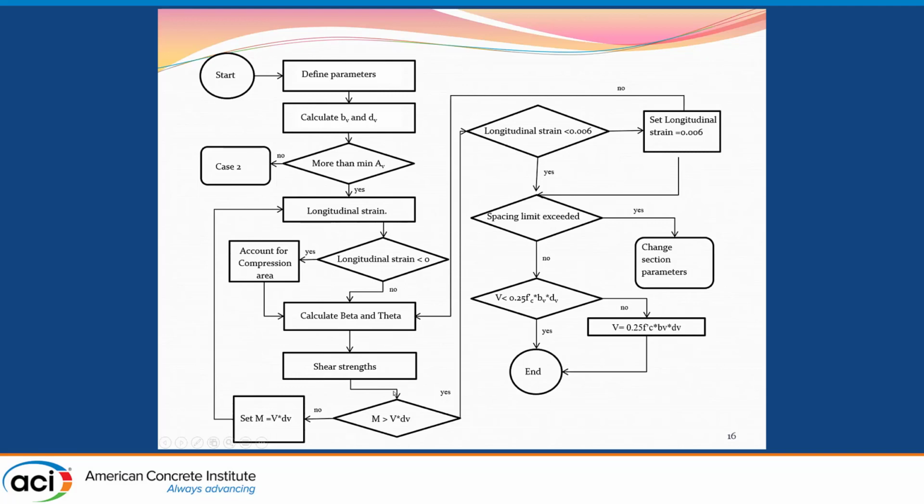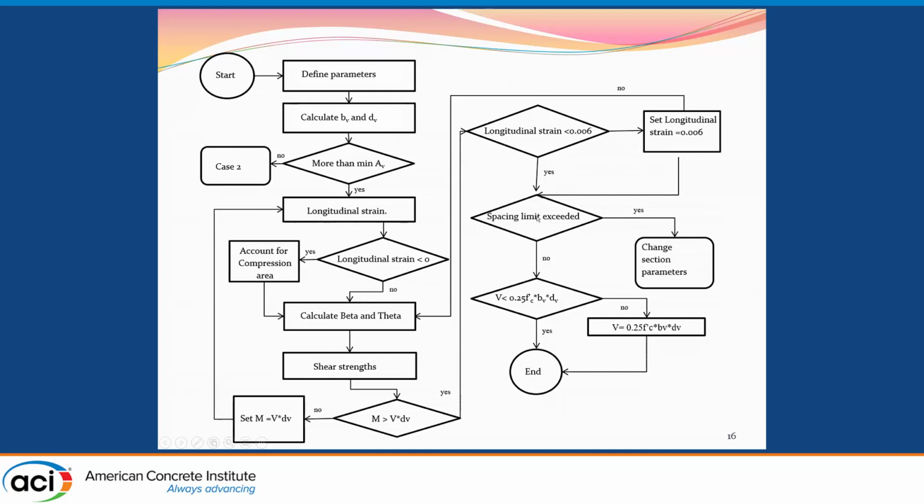And then we have to implement the limits. We have the limit where the moment has to be more than VdV. We have the limit that the strain has to be less than 0.006. If not, we have to set the limit to 0.006 and recalculate. And then we have to check the spacing limit.